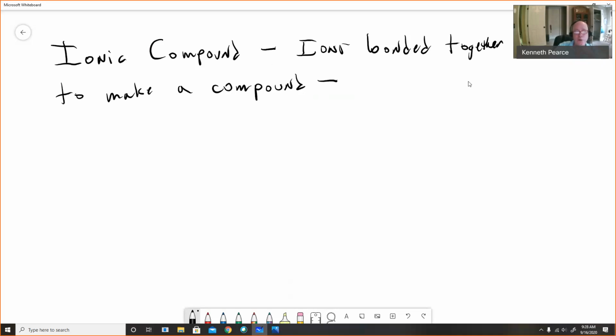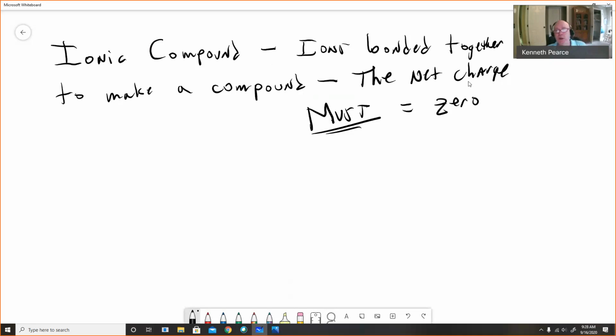And very important, the net charge must equal 0. Net charge of any ionic compound must equal 0.